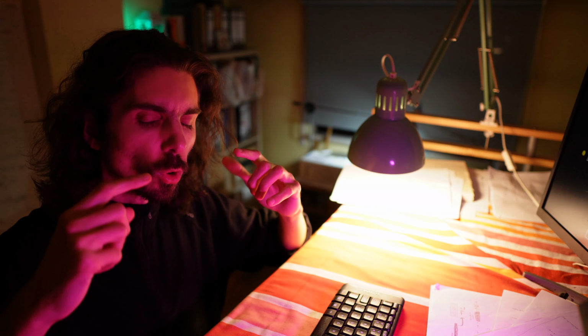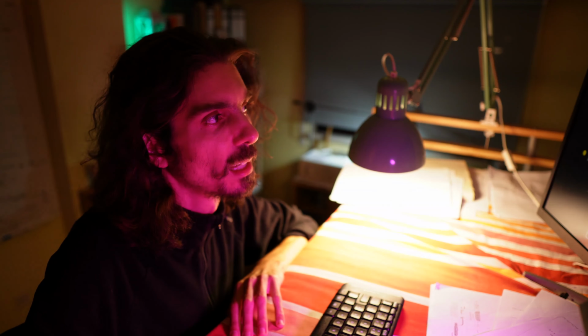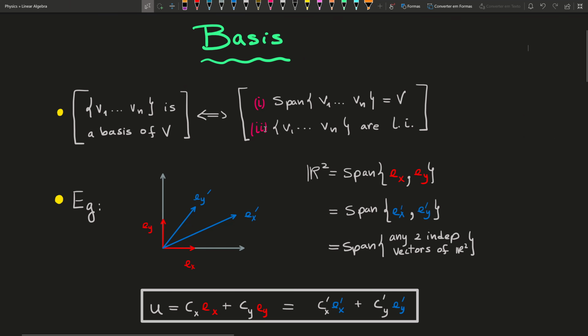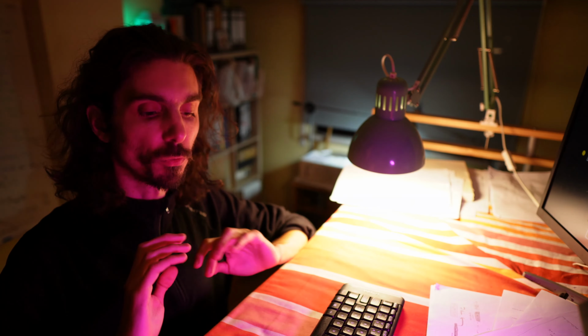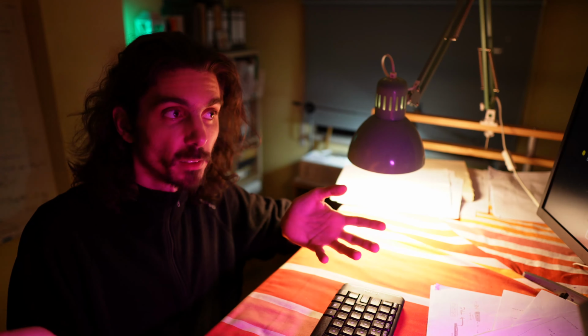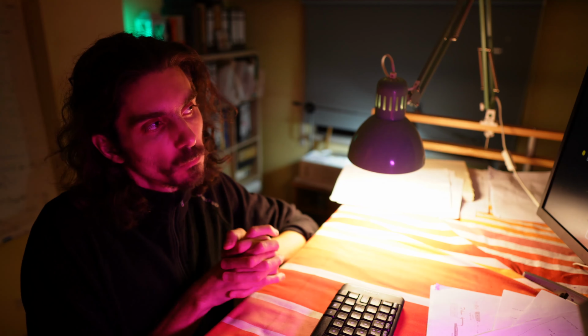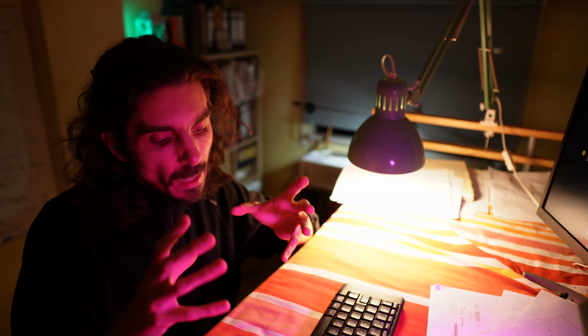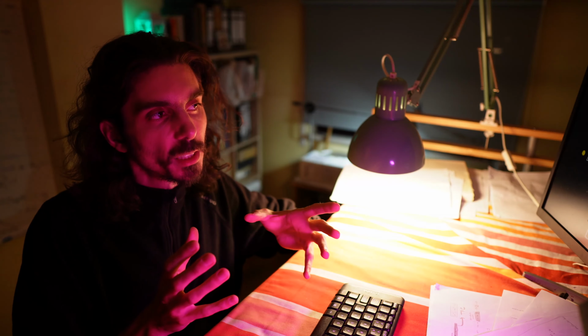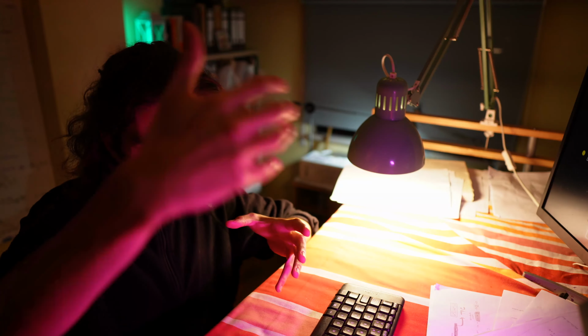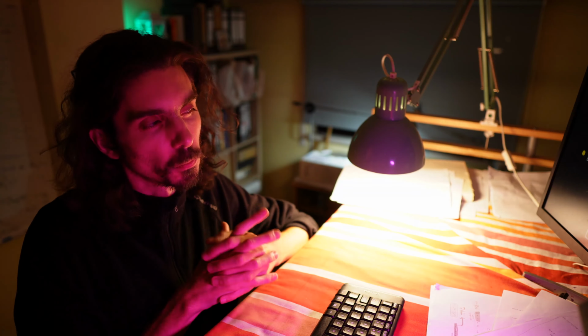But I told you, it is a special subset. What does special mean? Special means it has two properties, 1 and 2. The first property is that the span of that subset is the vector space V. This is quite easy to understand, so all the possible linear combinations return us V. This is the first property.